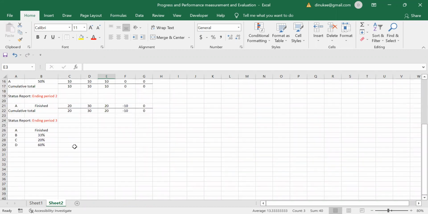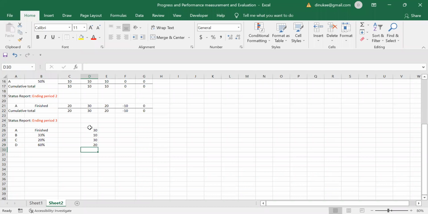Right? Here also you are asked to calculate the earned value. The actual cost will be given to you. The actual cost for activity A is 30, B is 10, C is 30, and D is 20, right?